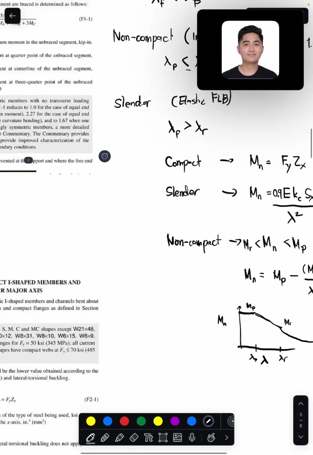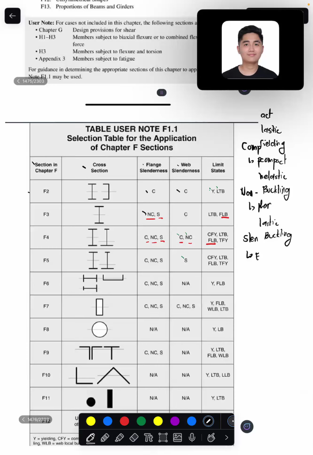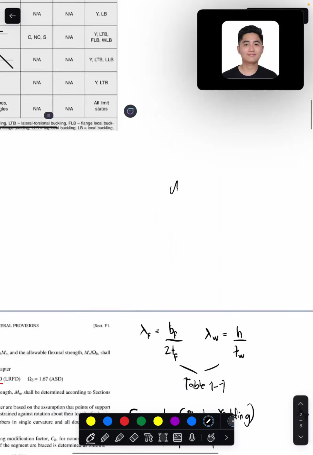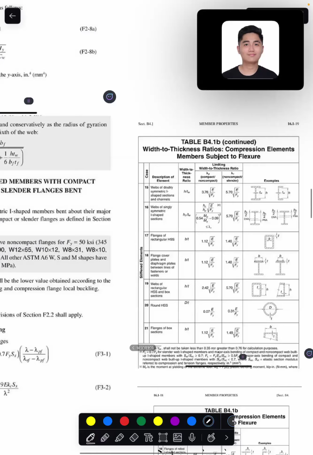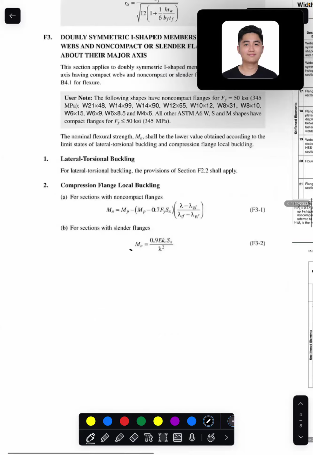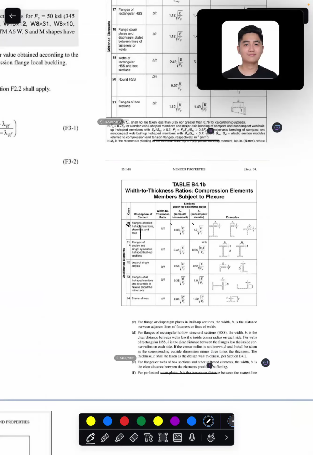Remember na dalawa yung kailangan nating tignan. So whether yung flange mo is compact or non-compact and slender, or yung web mo is compact or non-compact and slender. So kung i-check mo, meron kang case 10. This is for hot roll section. Take note natin na meron tayong case 11. So palaging lalabas si ating friend na KC na 4 over square root of H over TW.